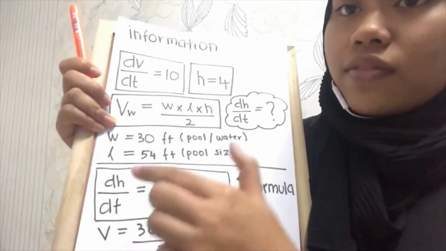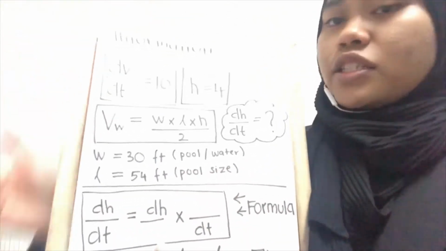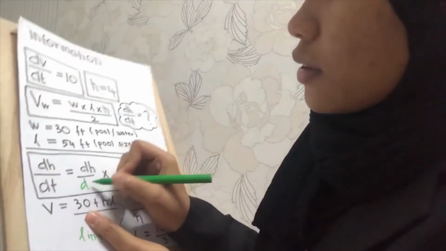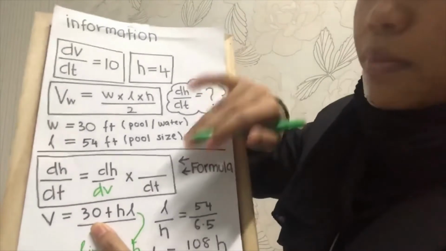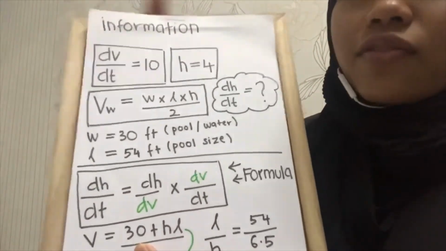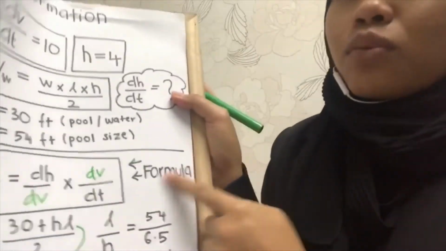So dH over dt is equal to dH over dV multiplied by dV over dt. Okay, this is the formula.